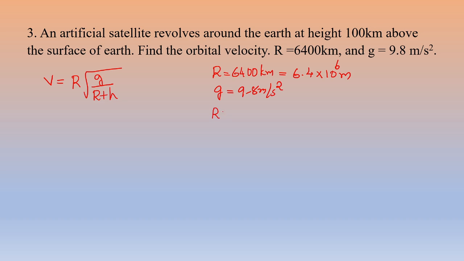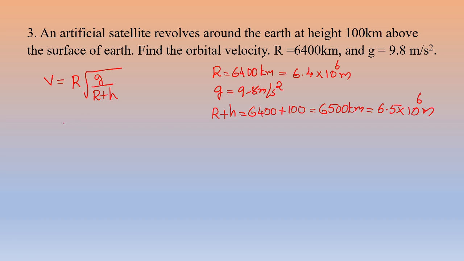And we also have to find the value of R plus H. That is 6400 kilometer plus 100 kilometer, that is equal to 6500 kilometer. That we can express as 6.5 into 10 raised to 6 meter.